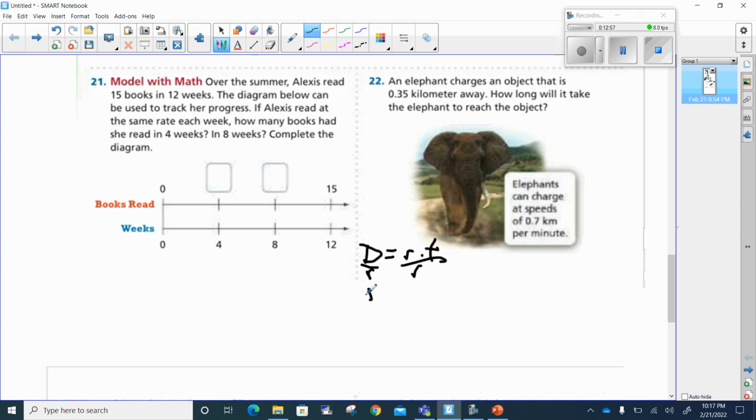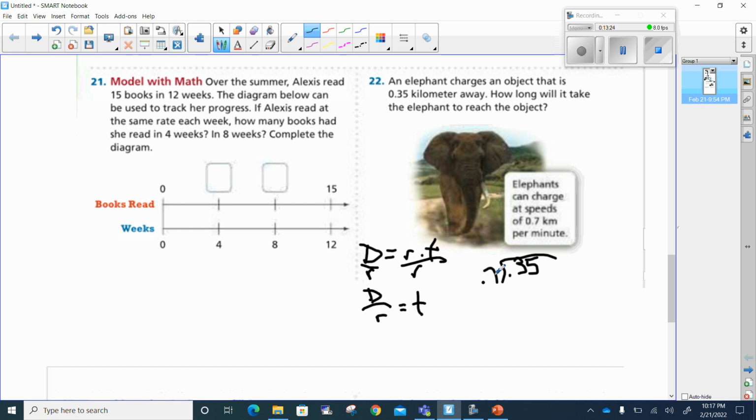So our formula for this will be the distance divided by the rate will equal the time. The distance is 0.35. And the speed is 0.7 kilometers per minute.